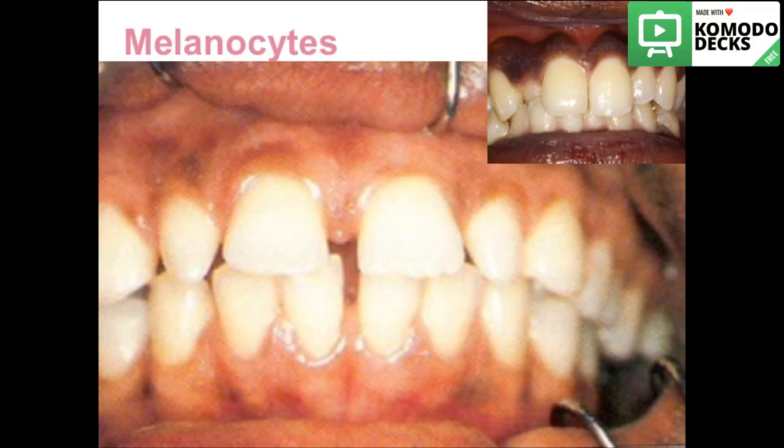These individuals normally have a high number of macrophages that ingest the melanosomes.